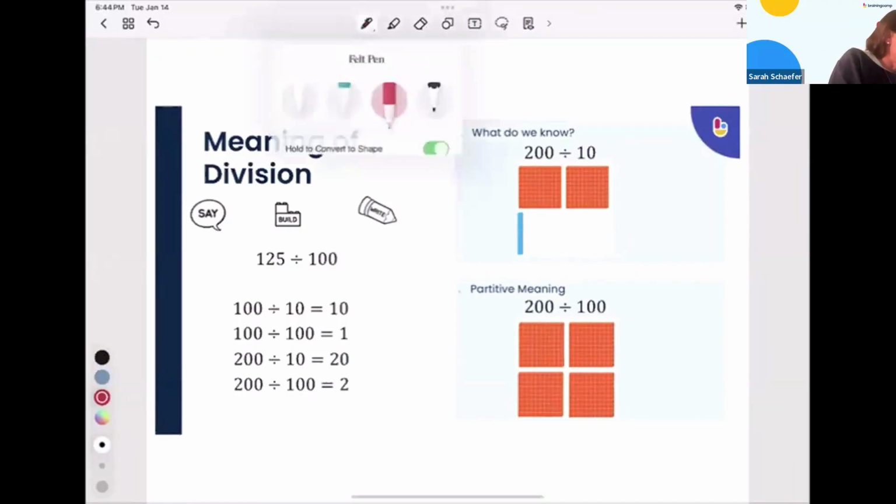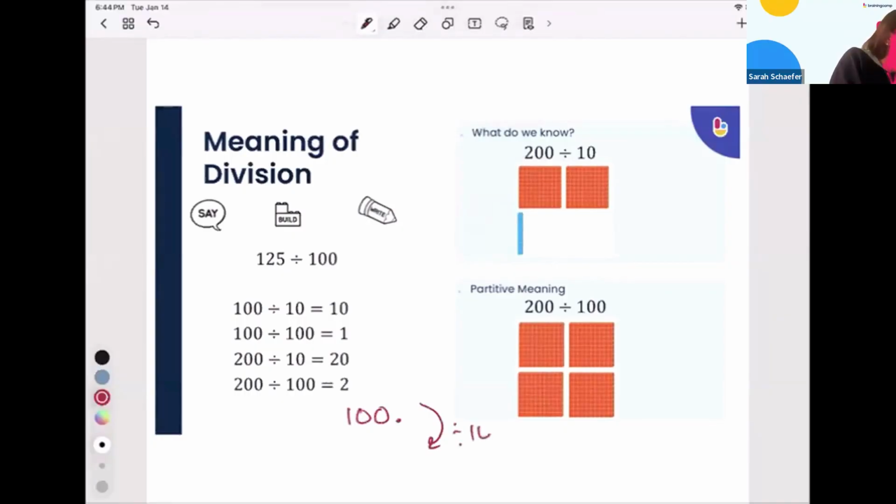Okay, so if we have that chart and we started with 100, and here's the decimal point, and when we divided by 10, we got this. And then when we divided by another 10, or 100, we got this. Students are going to start to talk about what's happening.